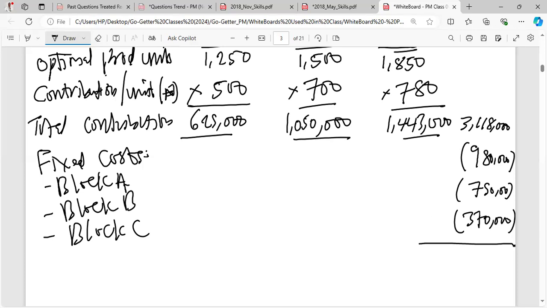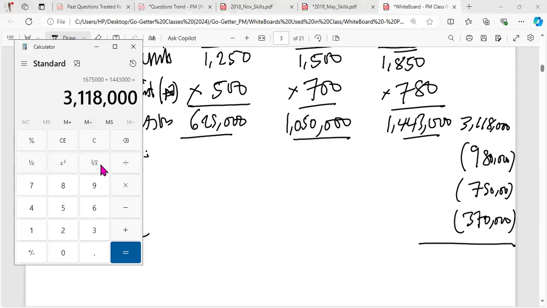All right, so let's calculate. I have this total contribution here. All I will now do is to remove the fixed costs: 980,000 minus 750,000 minus 370,000.